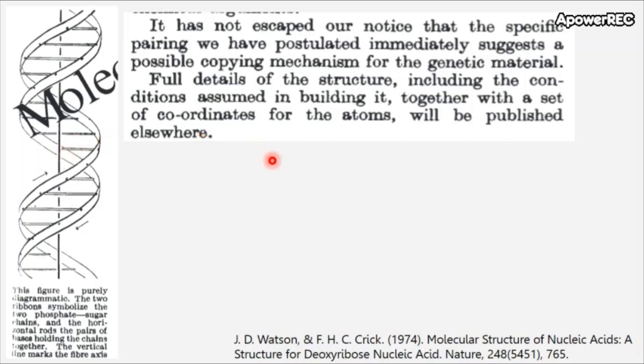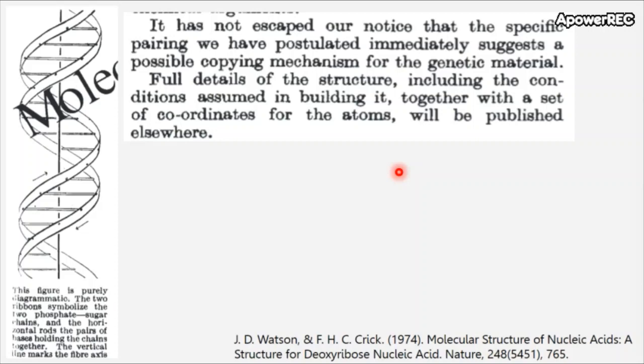And they have a very interesting quote here in their discussion section. In the discussion section, often you will have scientists who provide the implications of their work and where further research should be done. And in this discussion section, it reads, "It has not escaped our notice that the specific pairing we have postulated immediately suggests a possible copying mechanism for the genetic material.